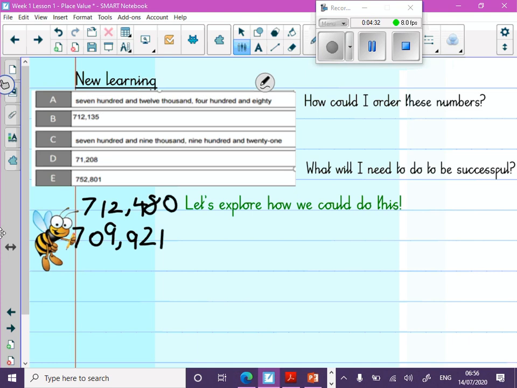Okay, so that should then make it easier for me to order my numbers. Now I could order them from smallest to largest, I could order them largest to smallest. So if I were looking for the smallest number here, it cannot be this number because we have our thousands, 10,000s, 100,000s, the same with this one, the same with this one. But here, I've got a number that does not have any 100,000s, so that will be my smallest number.